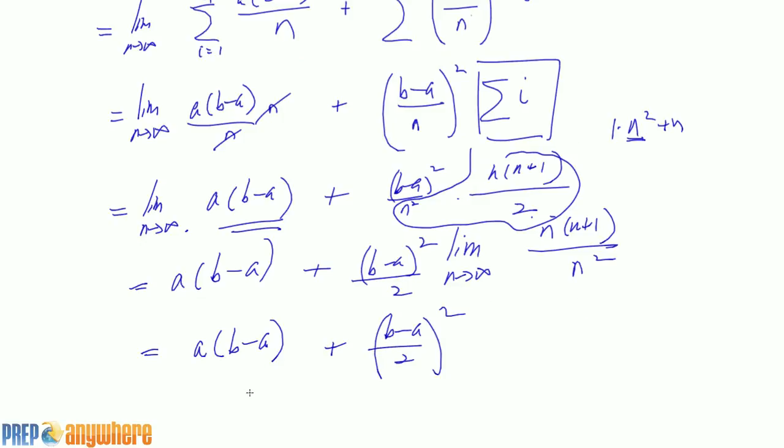Okay? Let's expand that. ab minus a squared, and we have (b squared minus 2ab plus a squared) all over 2. Sorry, not 4, 2. I changed this to have the bracket on the whole thing; I should just have it on the top.